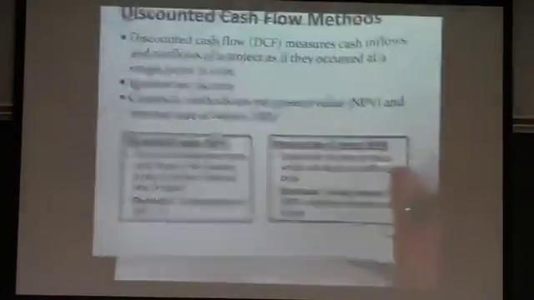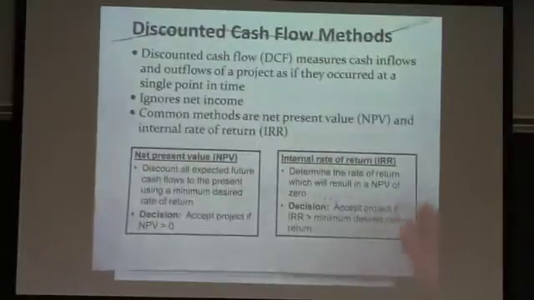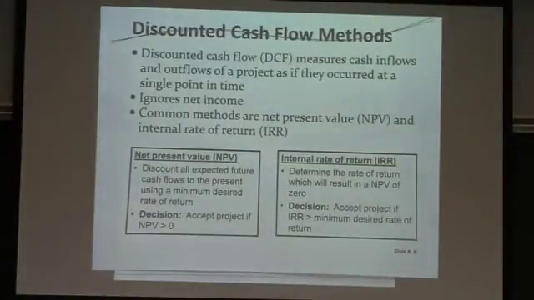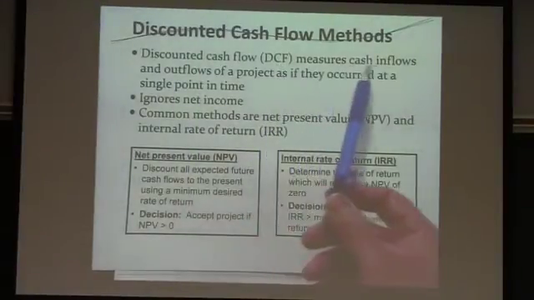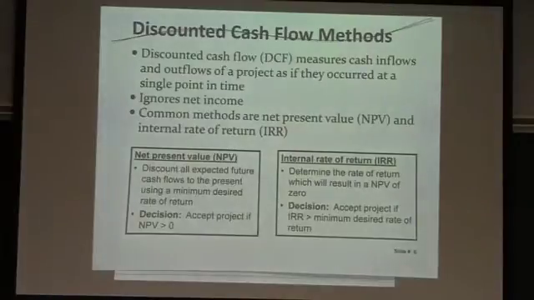technical material. So first of all, in capital budgeting decision, we often use cash flow to evaluate whether the capital decision makes sense for the company. And discounted cash flow basically measures inflow and outflow of the project as it occurs at a single point in time.